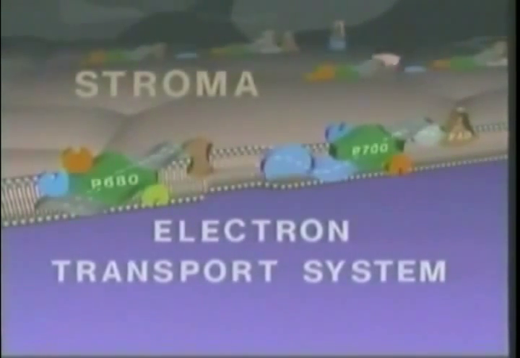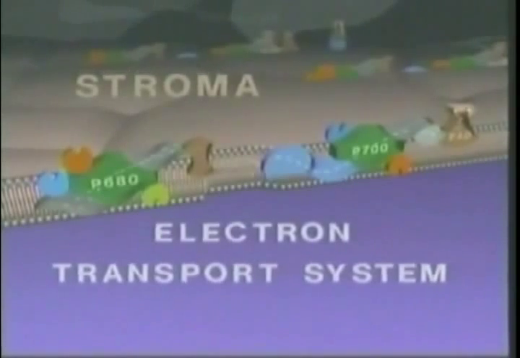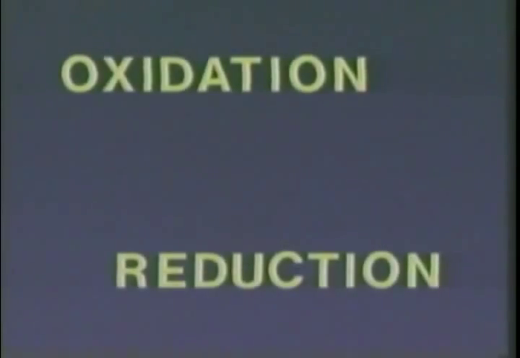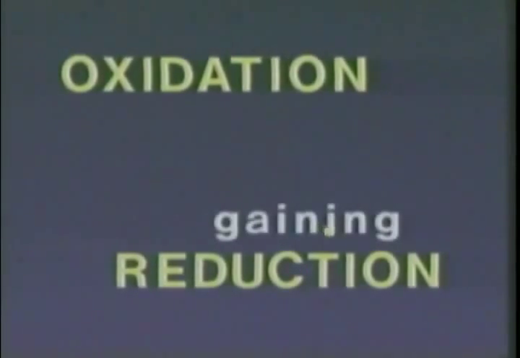The electron transport system consists of an elaborate chain-like series of oxidation-reduction reactions. For our purposes, we'll think of the oxidation-reduction reactions in their simplest form. Oxidation means losing electrons, while reduction, the opposite process, means gaining electrons.